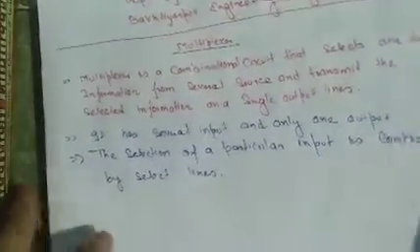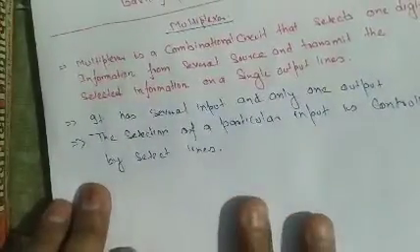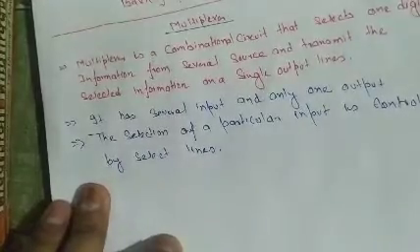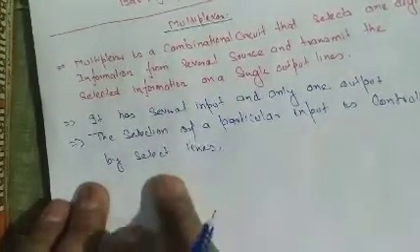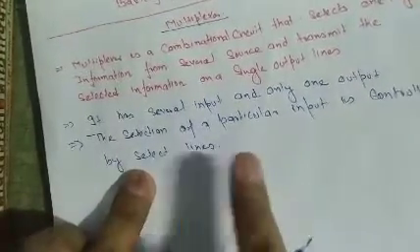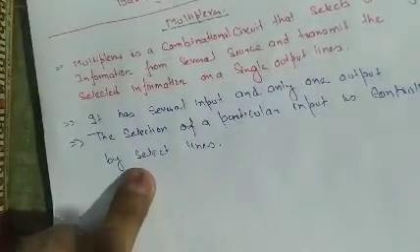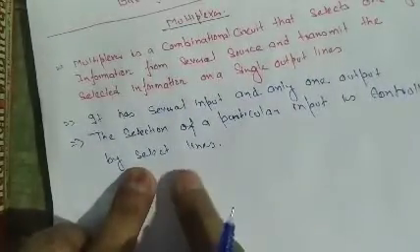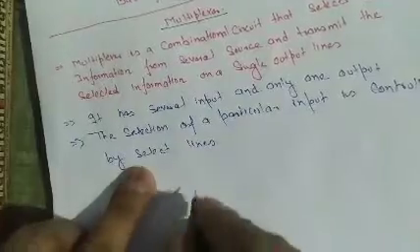Hence, multiplexer has several inputs, select lines, and one output. The select lines are responsible for selecting a particular input that is transmitted to the output side.